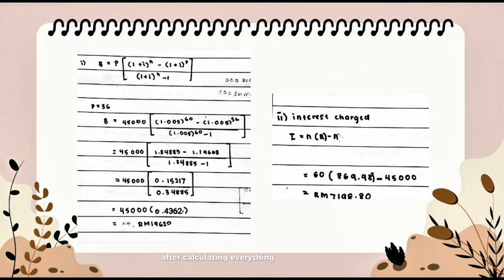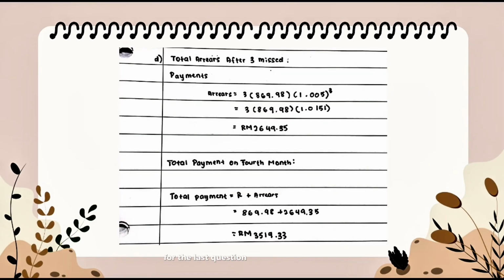After calculating everything, you will get RM 19,620. To find the amount of interest charged, we use the formula I equal to nR minus A. So substitute all the information, and then you will get RM 7,198.80.